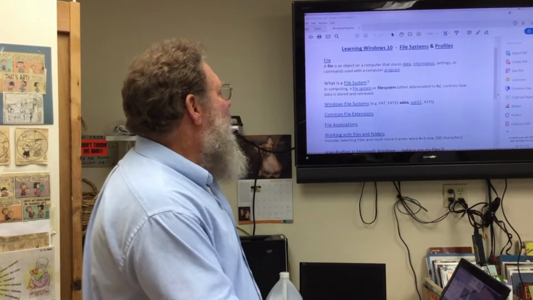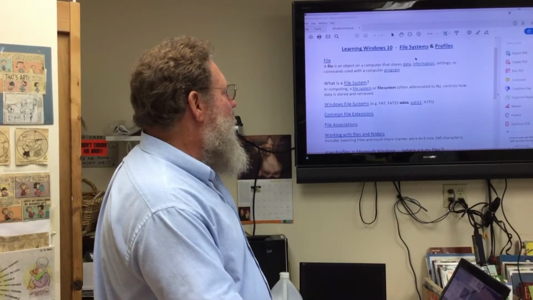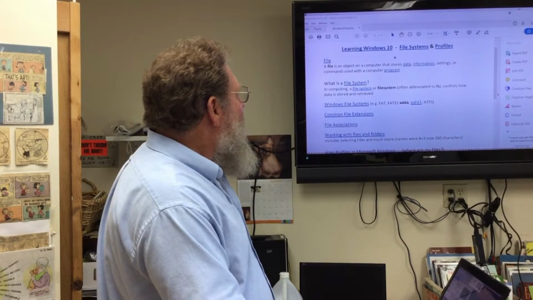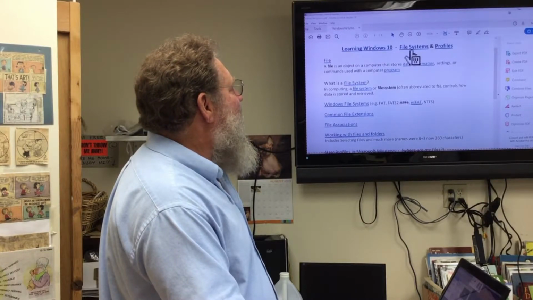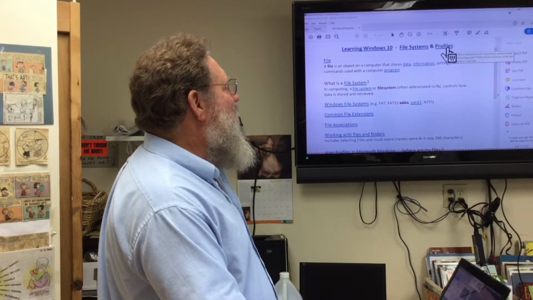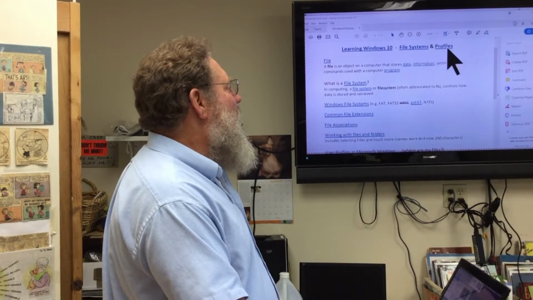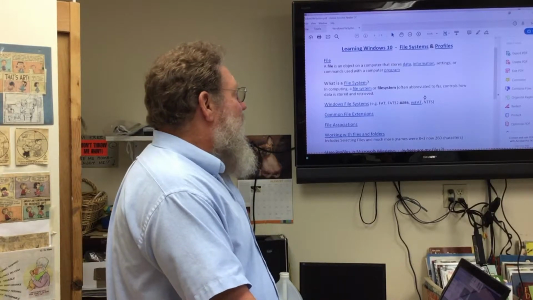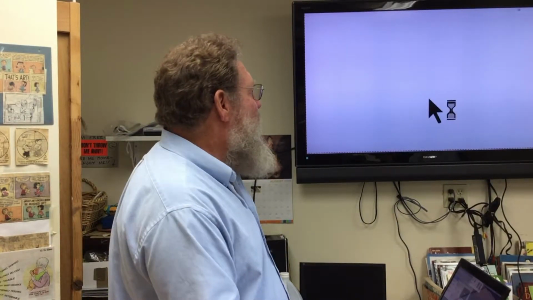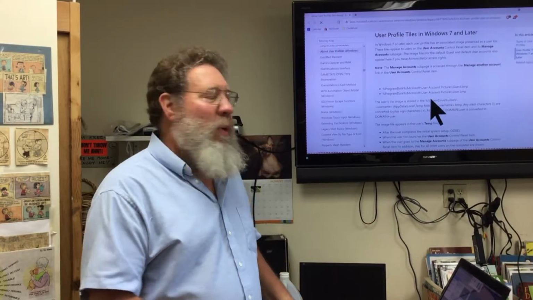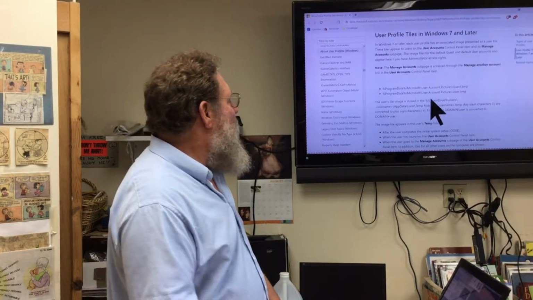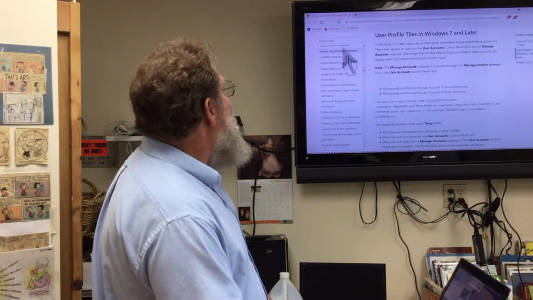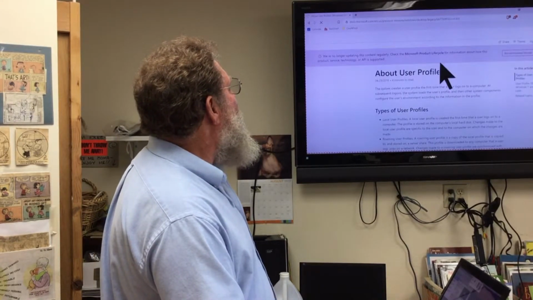We have this one little cheat sheet here, and everything that I have titled here is a hyperlink to somewhere. Like if you click on profiles, it will take you out to the internet, and it will bring up a site. It might be Wikipedia, it might be Encyclopedia Britannica, it might be somewhere else on the internet, but it will have information about user profiles.